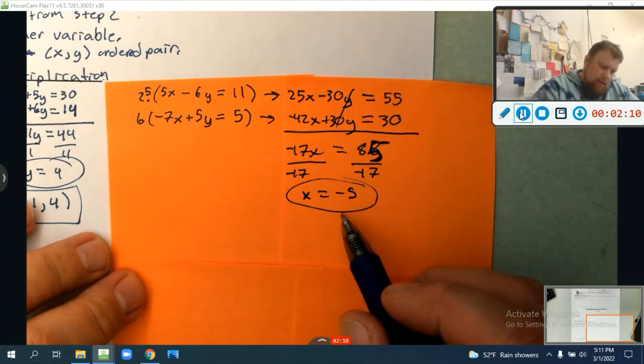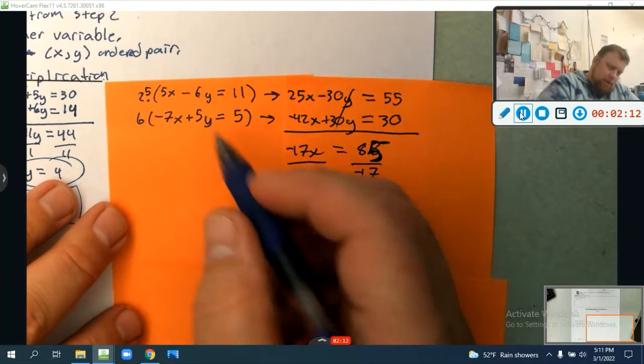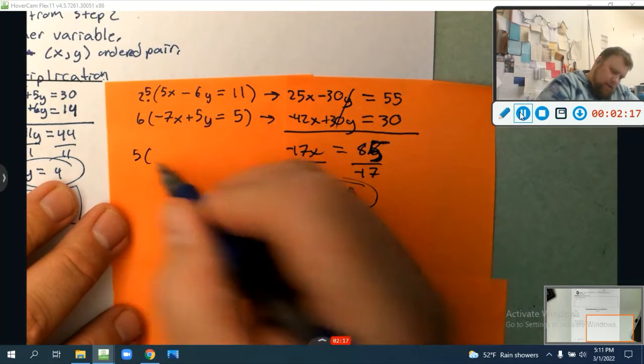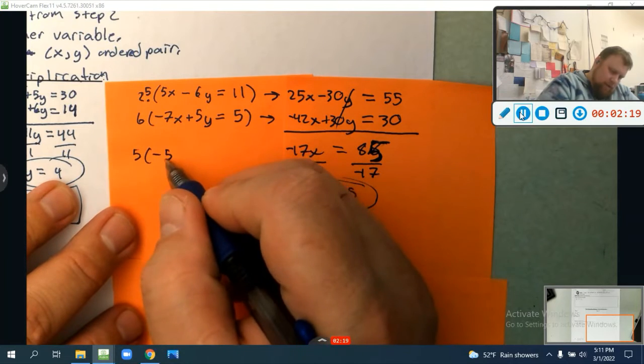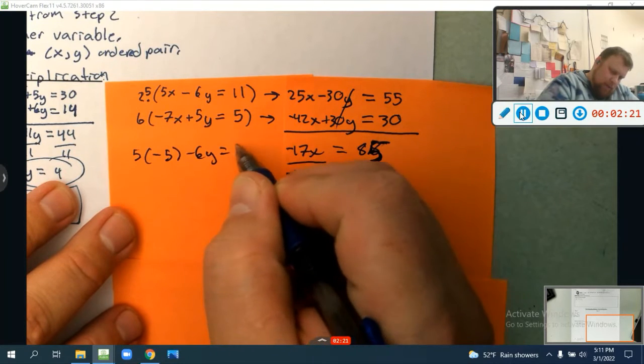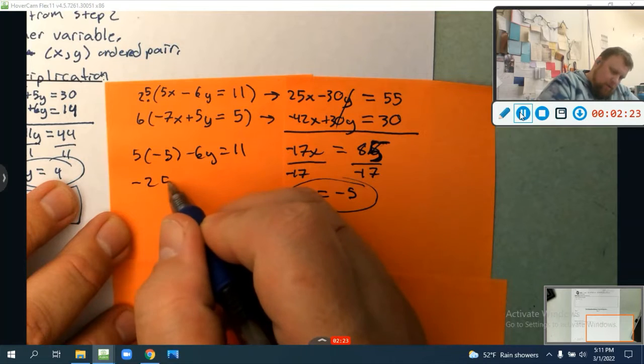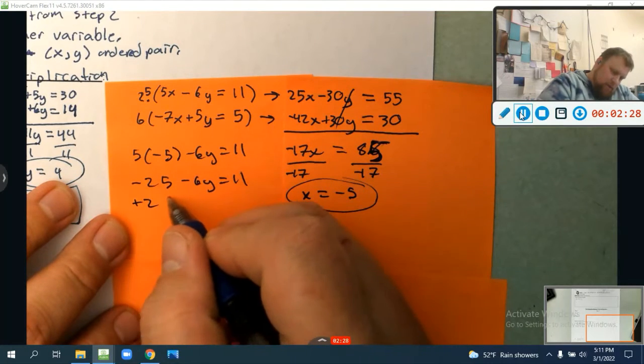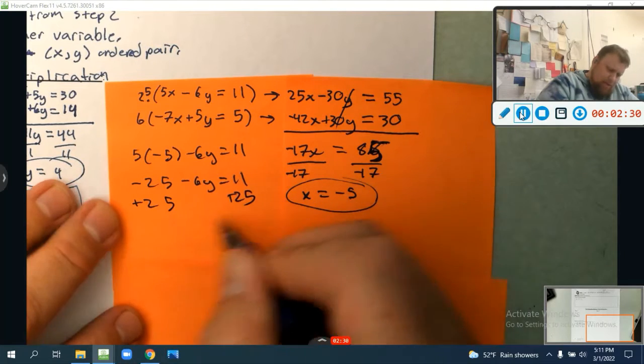Okay, now we're going to take this and plug this back into the top equation. I'm just going to plug it into the original top equation. We're going to have 5 times our x value of negative 5 minus 6y equals 11. So negative 25 minus 6y equals 11. Add that 25 to both sides. Oh, so much better.